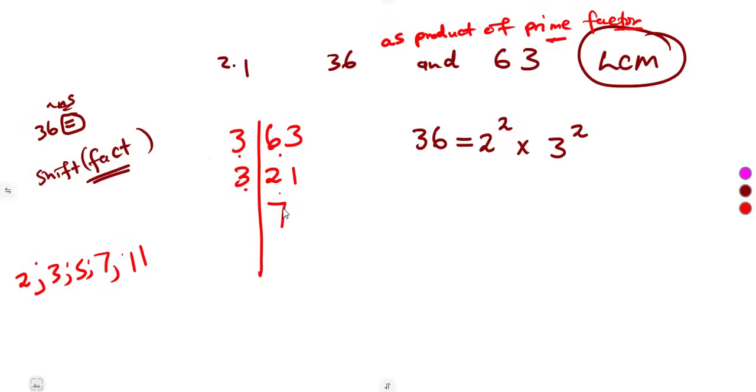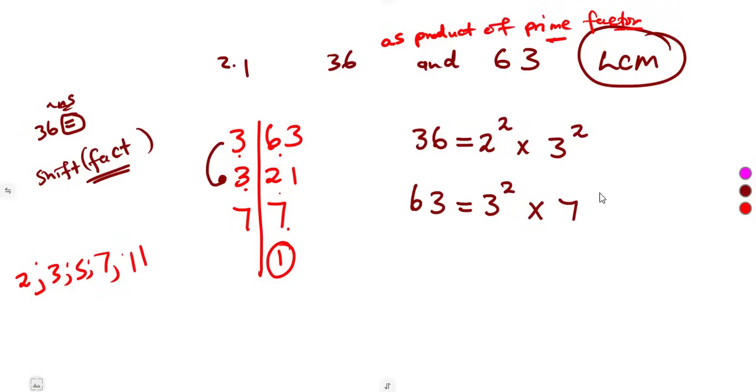So we cannot use a 3, we cannot use a 5, because 7 is a prime number, guys. So we're going to use a 7 as it is. 7 divided by 7, that's a 1. Until you get this one. So it means 63 is equal to what? 3 times 3, which is 3 squared, 3 to the power of 2, times 7, which is just appearing once.